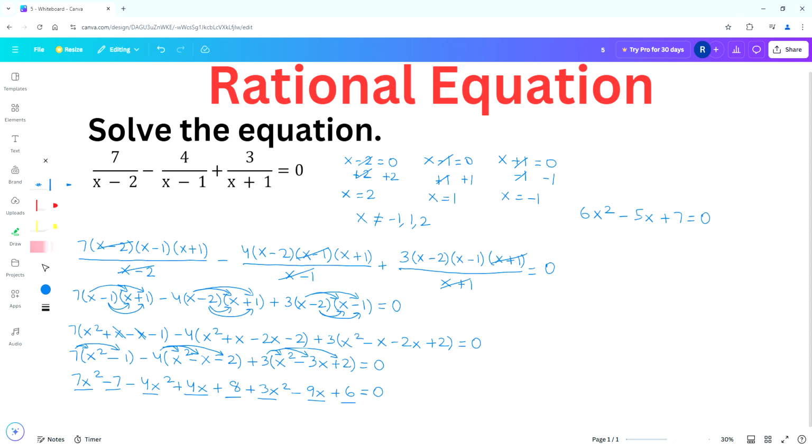This is a quadratic equation. It is a complex trinomial, but we cannot factor this complex trinomial. So we have to use the quadratic formula to solve this equation.